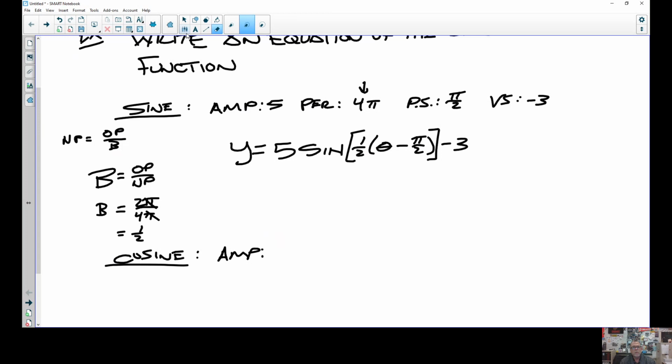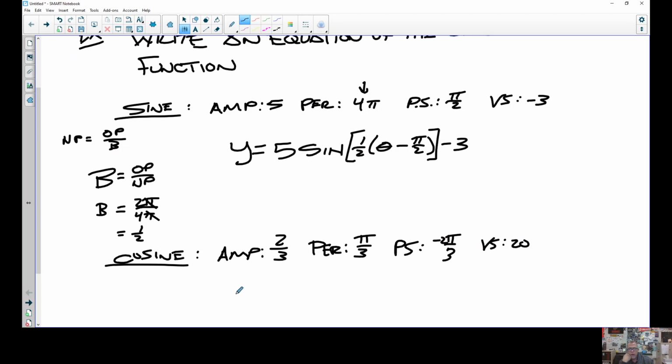Let me try to make that a little nicer. 2/3, a period of, let's do something weird, pi over 3. Phase shift of -2 pi over 3. And a vertical shift of, let's say 20.